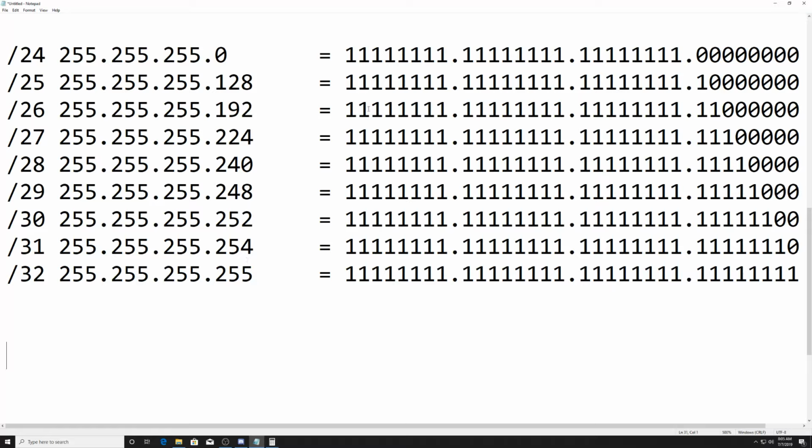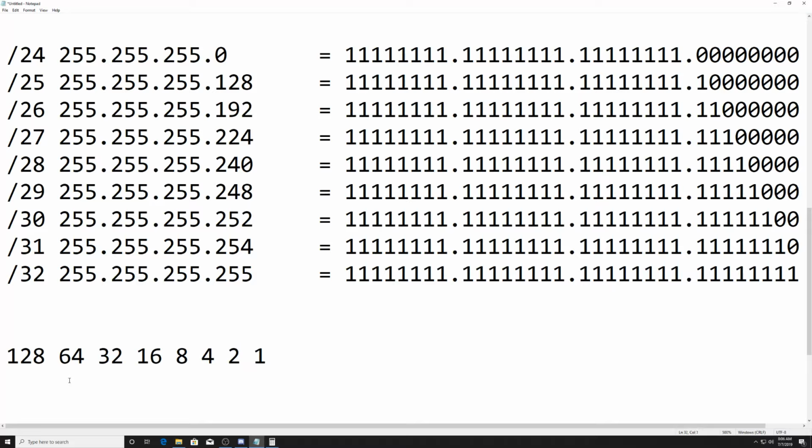Now you may ask yourself, how do you come up with 255, all these ones? It's very simple. This is how you do it. Start from the highest number to the lowest: 128, 64, 32, 16, 8, 4, 2, 1.